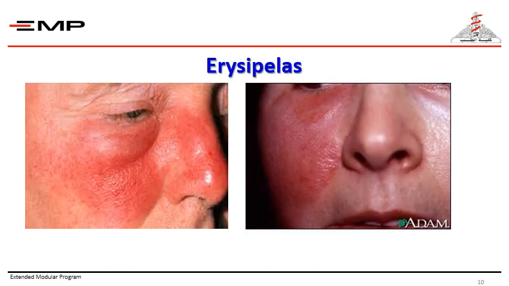The sharp demarcation and the raised edge differs this specific type of cellulitis, which is erysipelas, from the other types of cellulitis. Vesicles and serous eruptions may occur when superficial skin necrosis occurs.